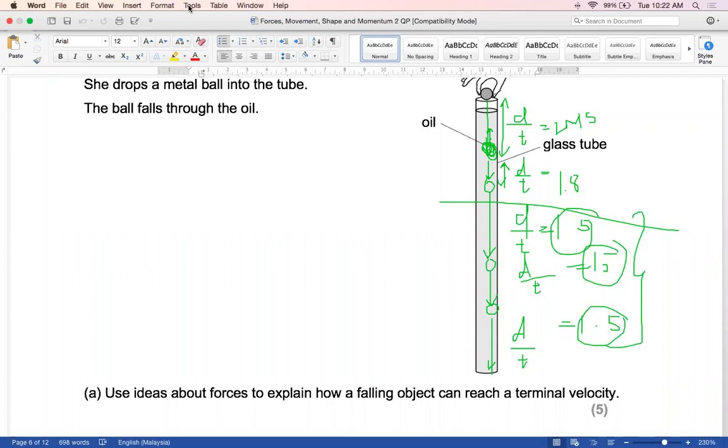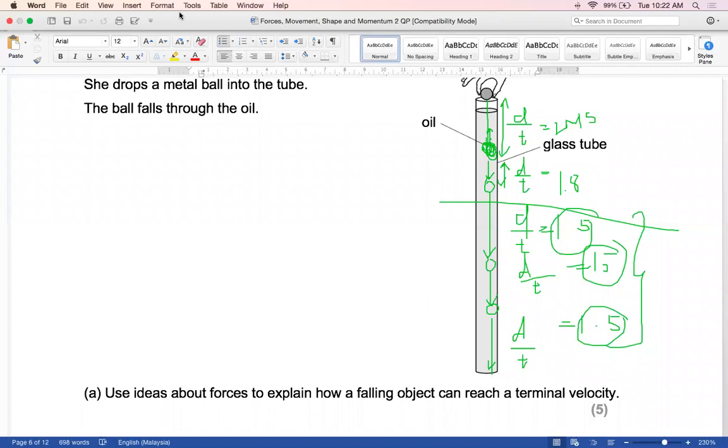Check, repeat the part again. Which part? The part that we're supposed to write down. So the part that you want to edit is, when you talked about measuring the time, the first thing is the time taken for the ball to pass between 2 points is measured.